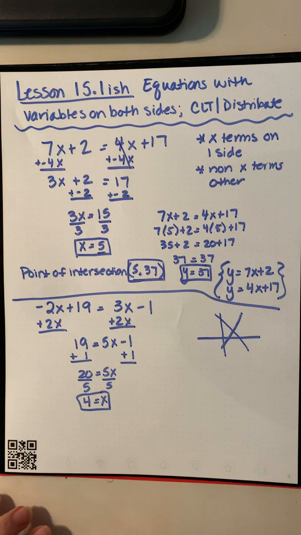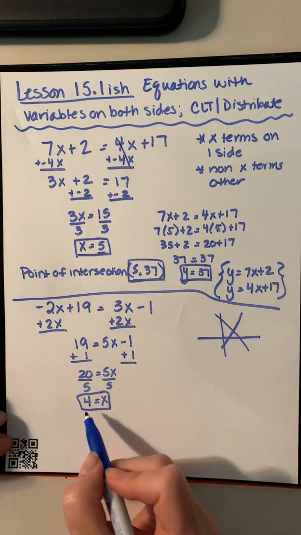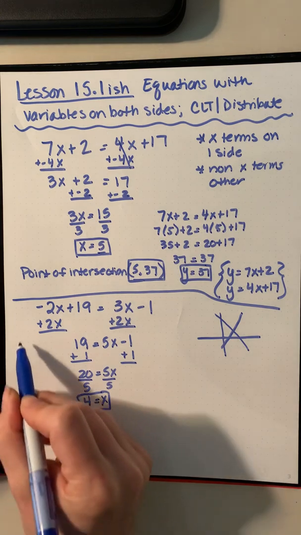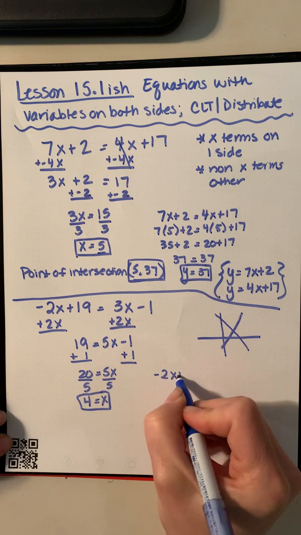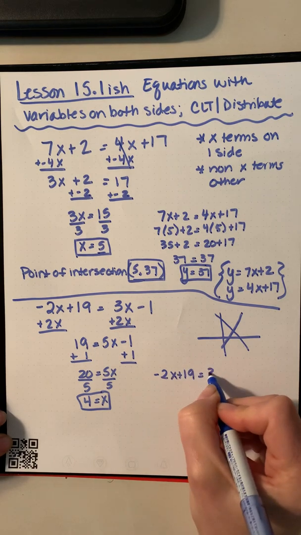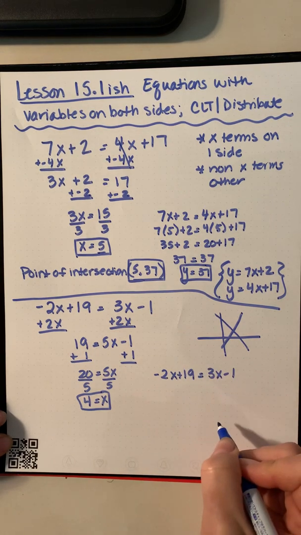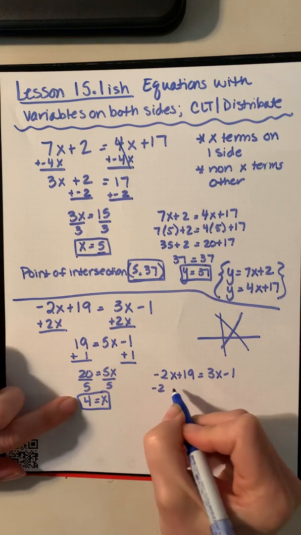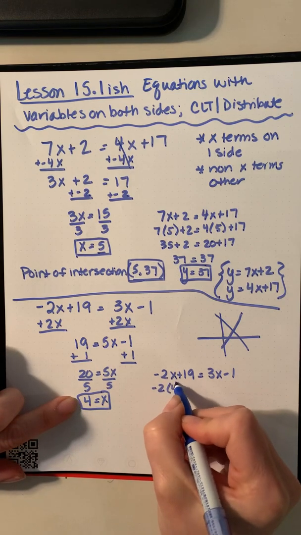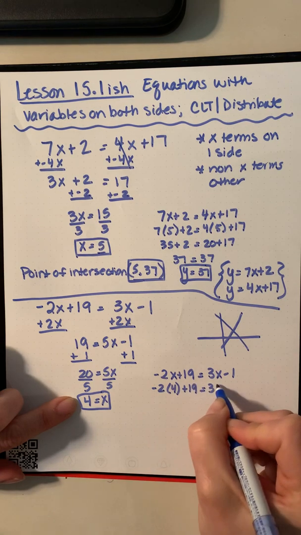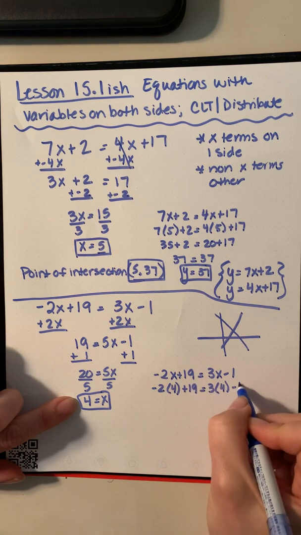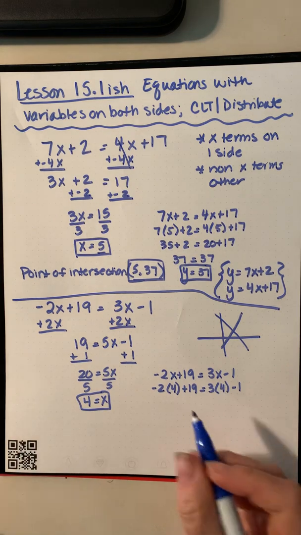Okay? Well, remember, where do we get our y? We're going to actually take 4 and plug it back in up here to x. So negative 2x plus 19 equals 3x minus 1. Negative 2, we've said that x is 4. Negative 2 times 4 plus 19 equals 3 times 4 minus 1. Well, let's see.